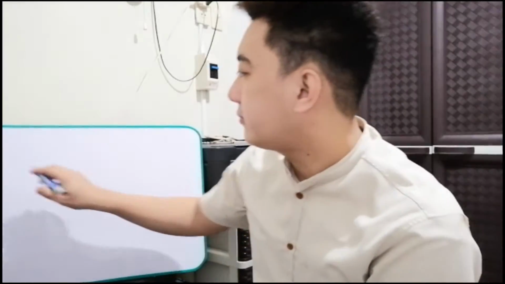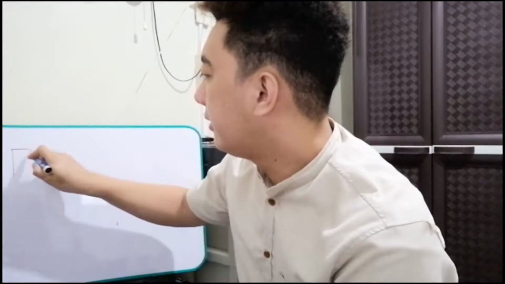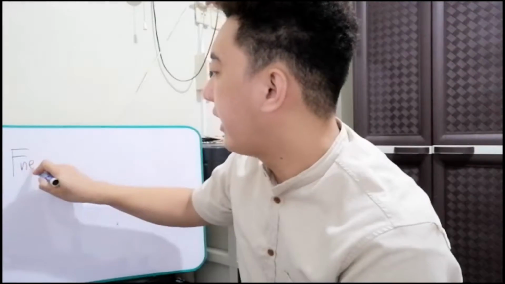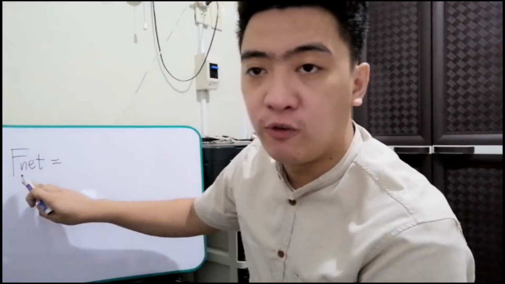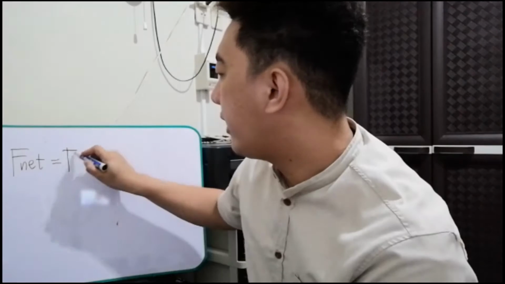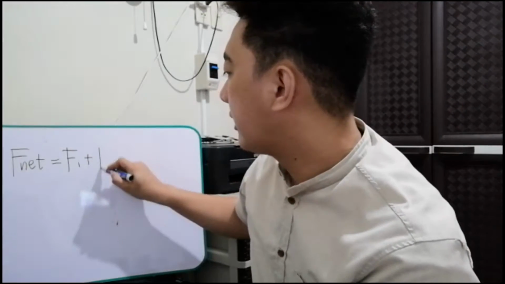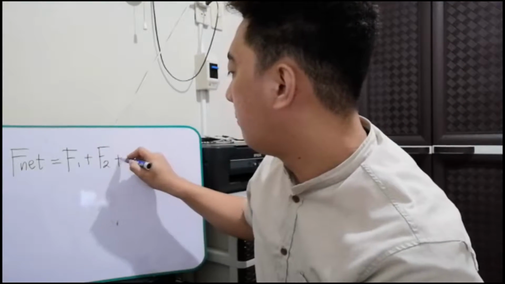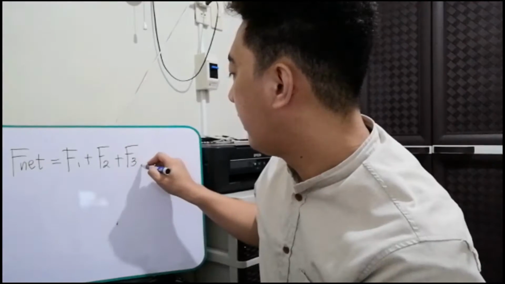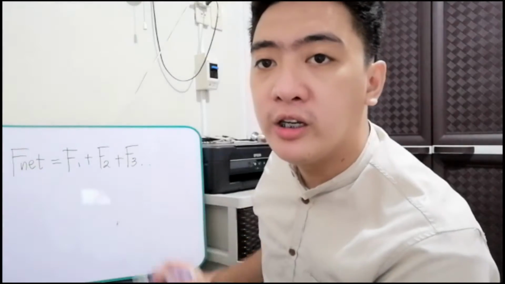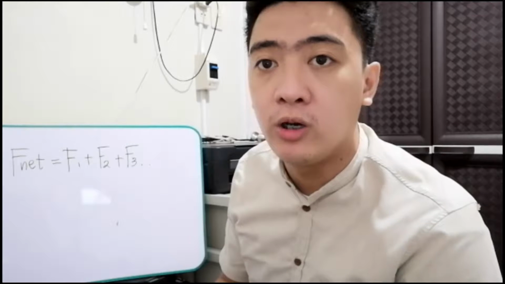Net force, or commonly called resultant force, can be calculated using this formula. F net, or the net force, is equal to F1 plus F2 plus F3 and so on, depending on the number of forces acting on a particular object.